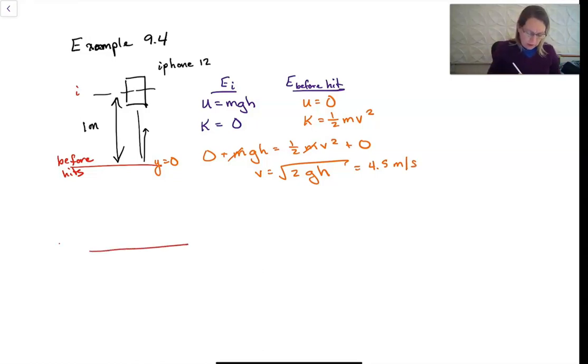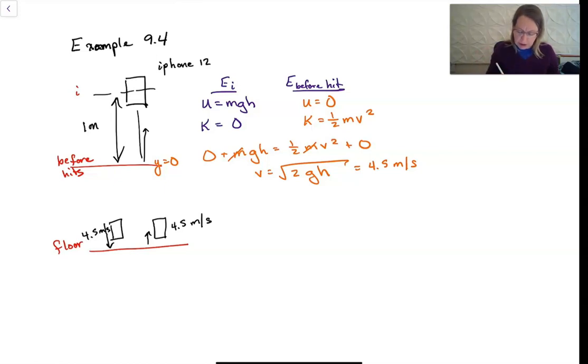So here's the floor, and this comes in at a speed of 4.5 meters per second. It's a nice elastic collision. It bounces back up, at least initially before it falls and clatters on the ground, at 4.5 meters per second.